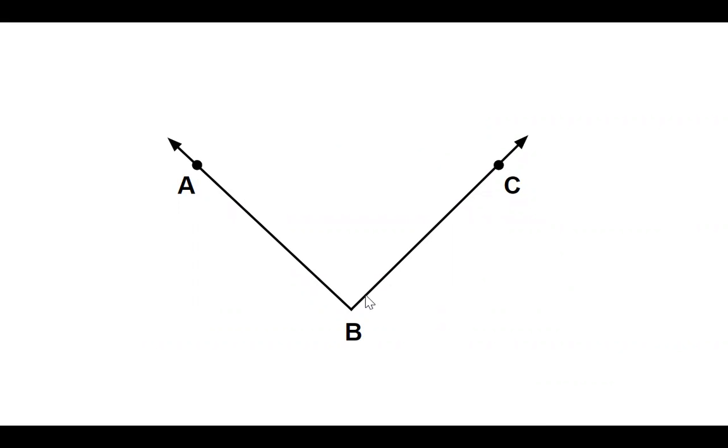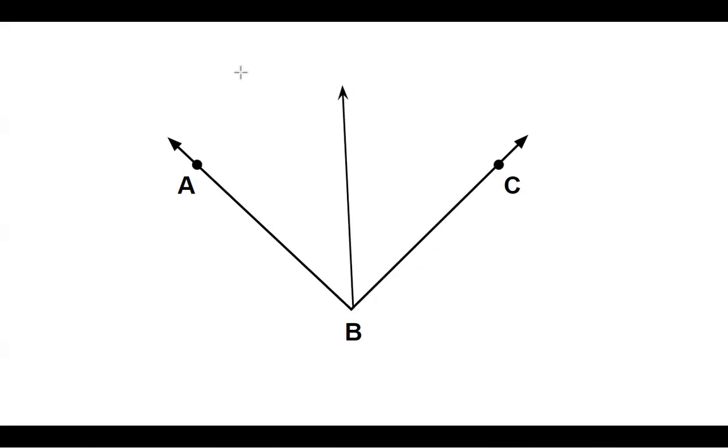Now, here in this case today, we're going to add a little more to our angle. Our angle can have more rays added to that same endpoint or vertex, depending on where the point is located. We can have a point, let's say S, here in the center, and we have now two angles. We can have a point here, let's say T, and we have another angle.